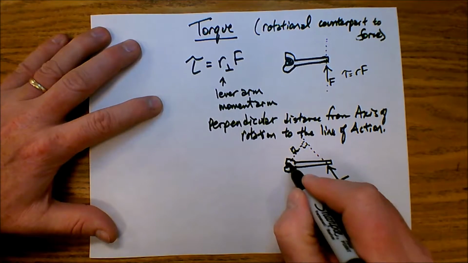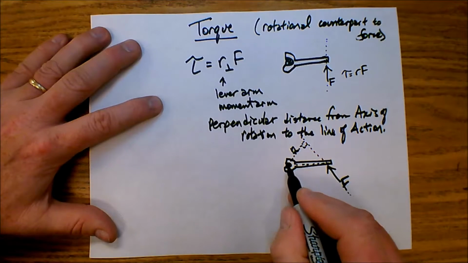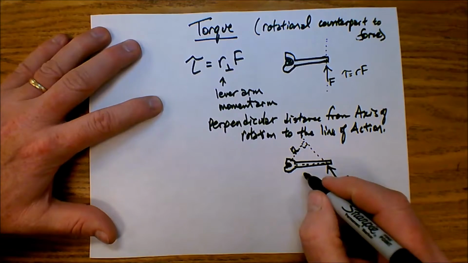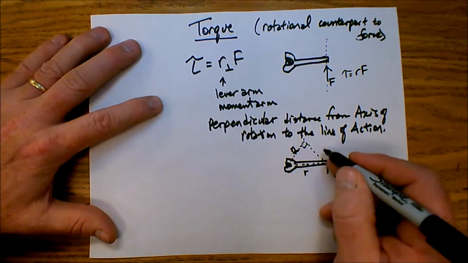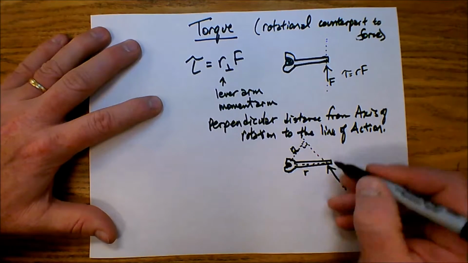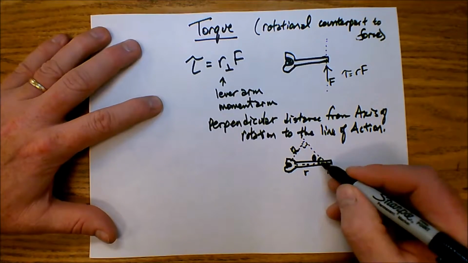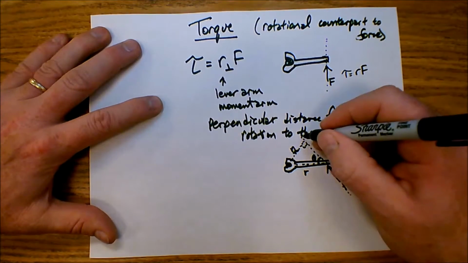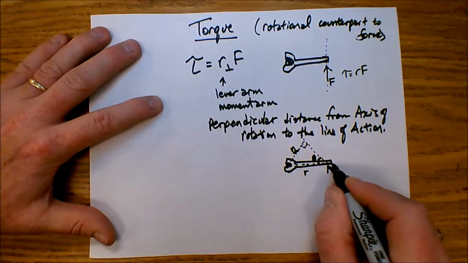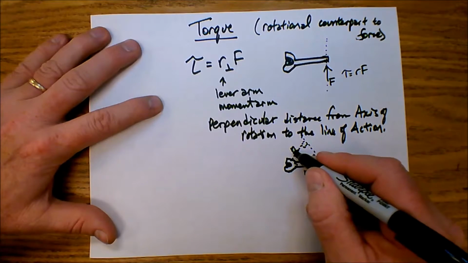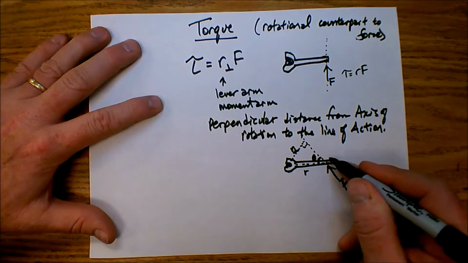Now, r is the distance from the axis of rotation to the point where the force is applied. If I look at this triangle, I've got r and I've got r perpendicular. Here I've got this angle, which I'm going to call theta. This is the angle between the force vector and the radius vector. I form a right triangle because r perpendicular is perpendicular to that line of action.